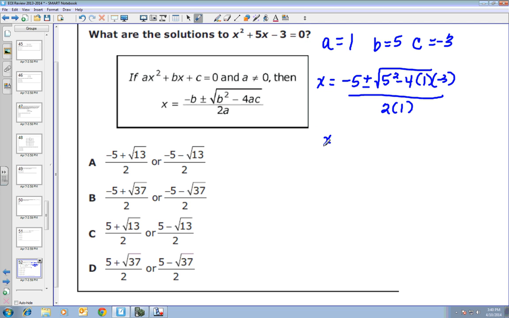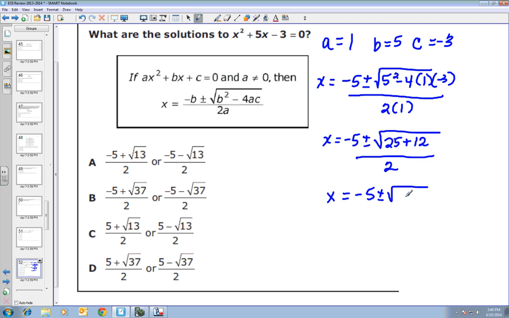So now we're going to simplify. x equals negative 5 plus or minus 5 squared is 25. Negative 4 times 1 times negative 3, that's going to be a positive 12, all over 2. So x equals negative 5 plus or minus 25 plus 12 is 37, all over 2.